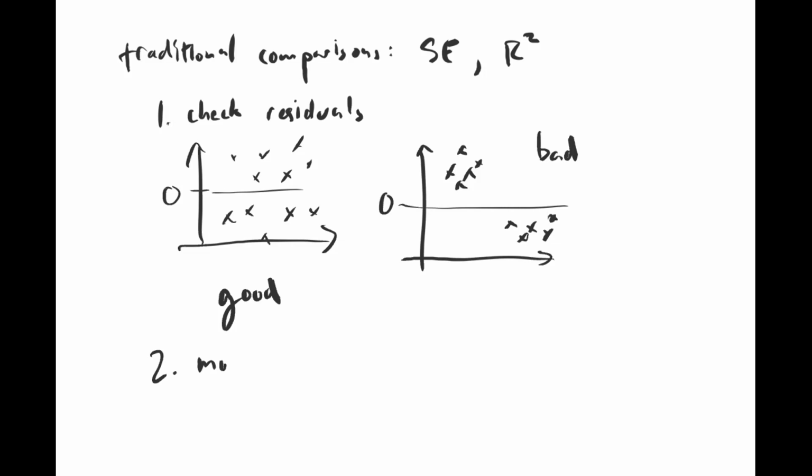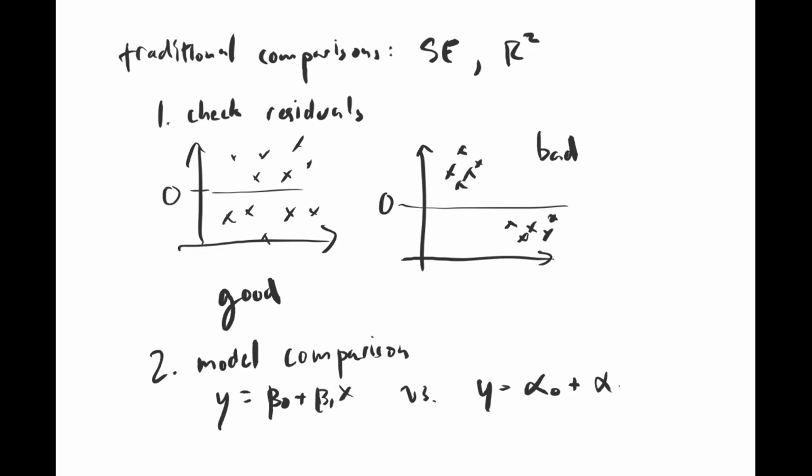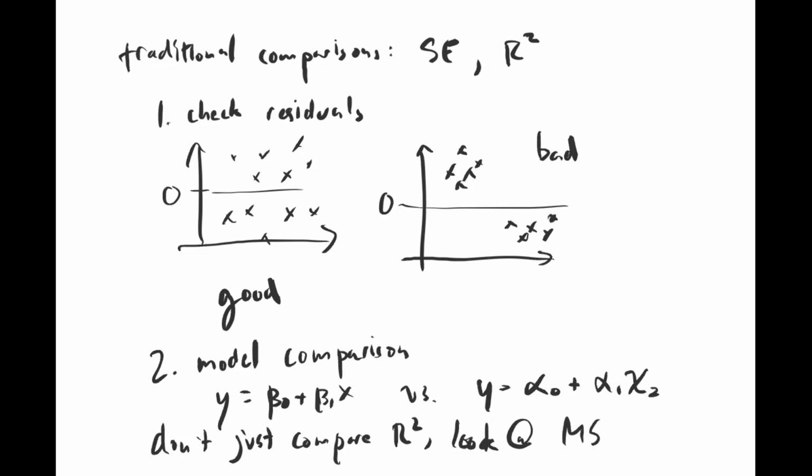For model comparison, say we had y equals beta 0 plus beta 1 x versus y equals alpha 0 plus alpha 1 x 2. Don't just compare R squared, look at the mean squared error.